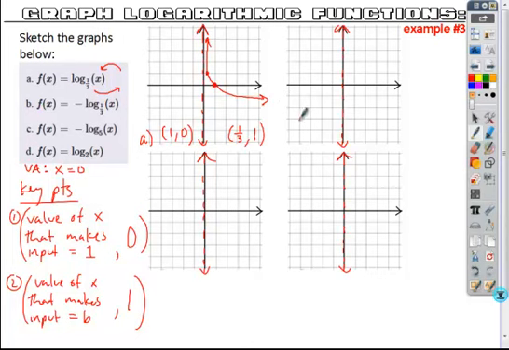Right? If we do the same thing for the second function, we take the same relationships: the value of x that gives us a 1 inside is 1. The value of x that gives us the b value is 1/3. So here are our 2 points. When x is 1 here, 1/3 to what power is equal to 1? 0. And so when you take 1/3 to the 0 power, you get your solution here of (1, 0).